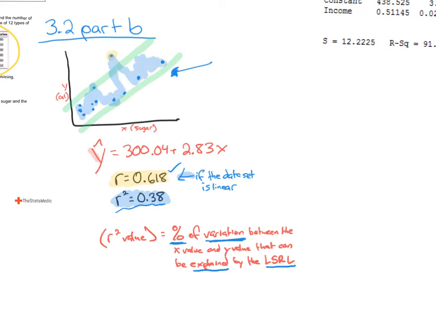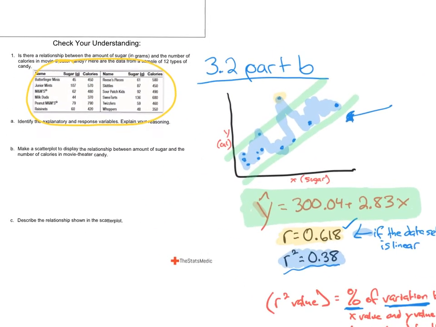The spread is just all that, right? 38% of that spread can be explained using this equation here. Only 38% of calories is explained by sugar in this data set here.